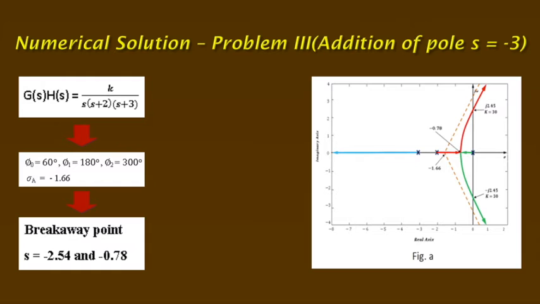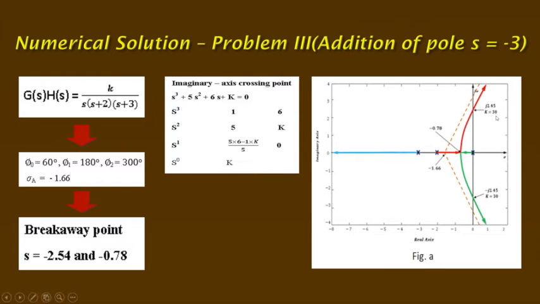So from this equation, there are two roots. One is minus 2.54, another is minus 0.78. So minus 2.54, this point does not lie on the root locus. This point lies on the root locus. So the minus 0.78 point is called the break-away point. Then these two root locus branches meet at that point and move to infinity along these asymptotes.